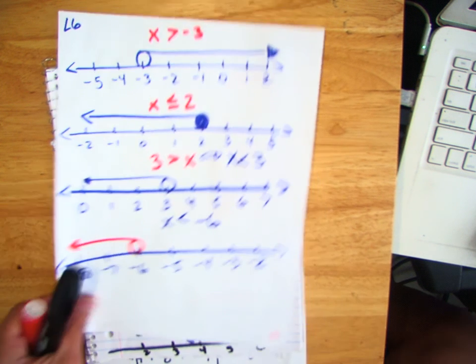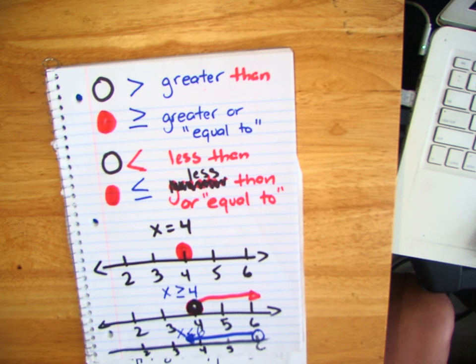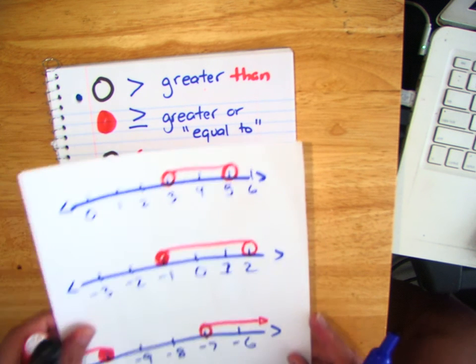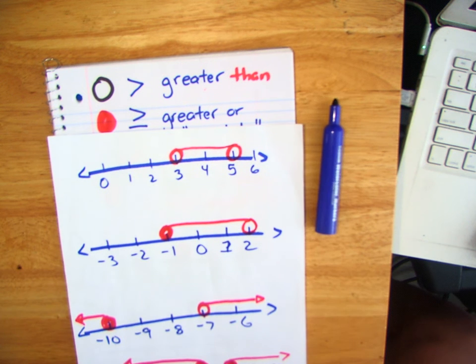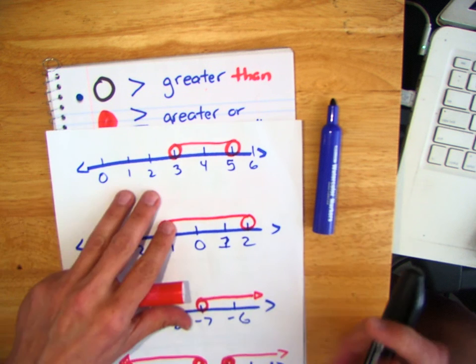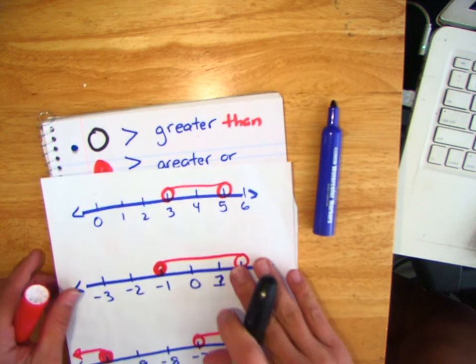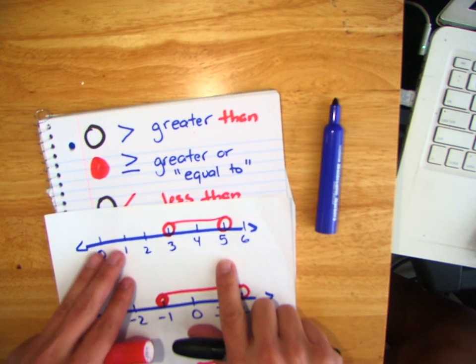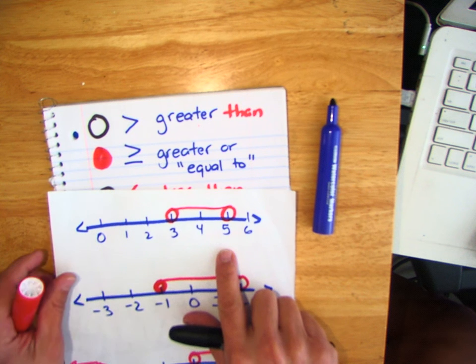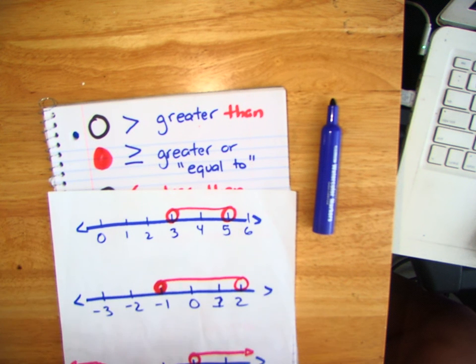Okay? Now, all right, here we go. So now the next one is this one. On your worksheet, it's going to tell you, okay, here's the inequality on the number line. Now give me the expression.